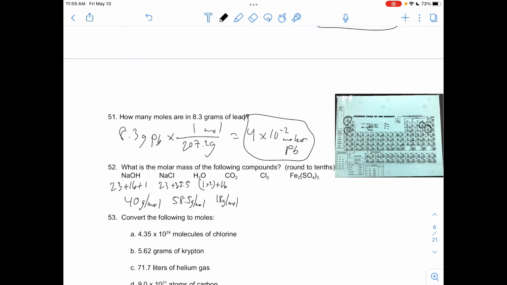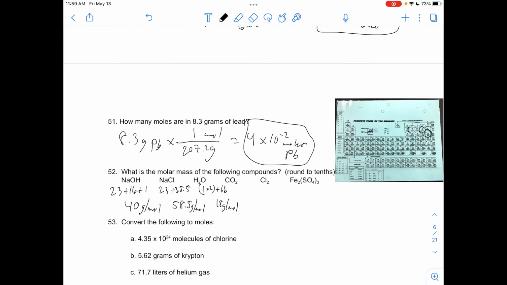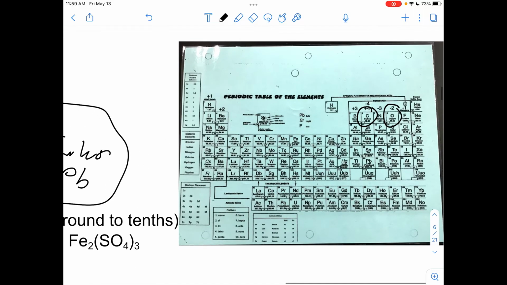Okay, carbon dioxide, carbon is 12, oxygen is 16. So 12 plus 16 times 2, so 32, 44 grams per mole. Cl2 is that diatomic that we've been talking about, and again, diatomics are over here on your blue periodic table.